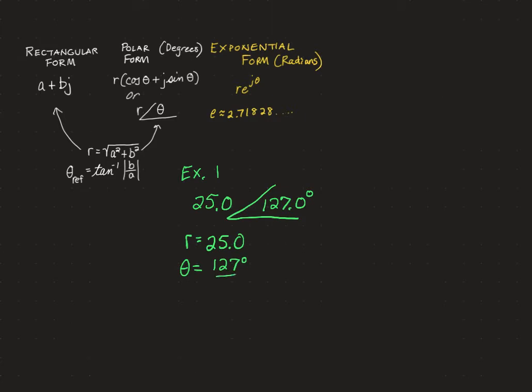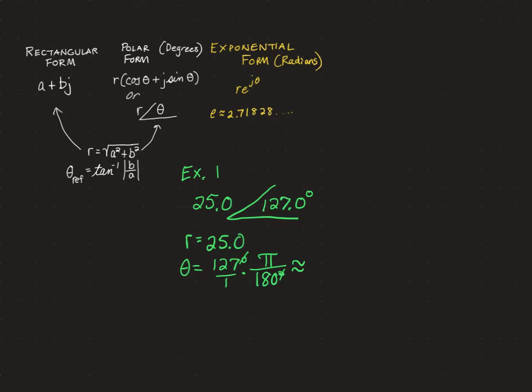All right, but since I want to convert to exponential form, which is what we're working with today, first I have to convert the angle to radians by multiplying by pi over 180 degrees. And now, the moment you've been waiting for, when I allow you to use your calculator to approximate a measurement instead of giving me the answer in terms of irrational numbers or simplified fractions.